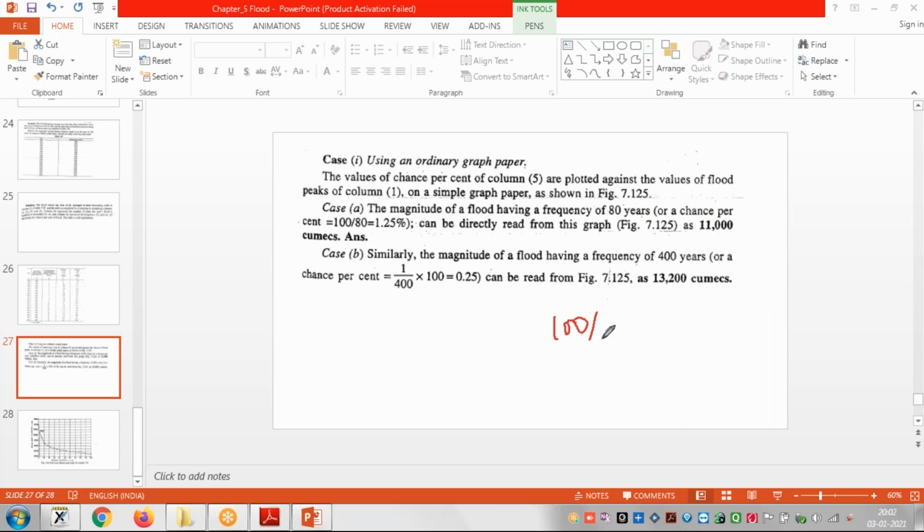100 divided by 80, right? See, 100 divided by 100 would cancel out to 1%. So the flood which has the value of 1.25, where is that value?